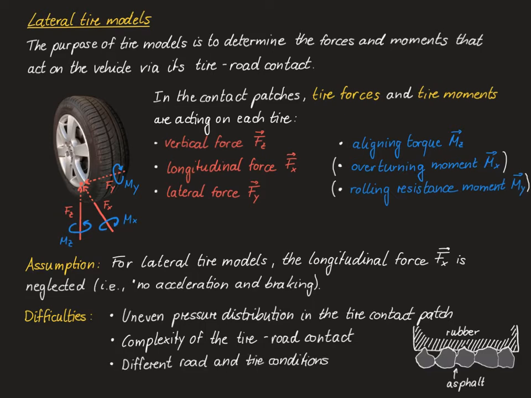And a third and quite obvious difficulty is that there can be different road and tire conditions. So for instance, the road can be wet or dry, there can be dirt on the road, the tires may have different temperatures, and so on.